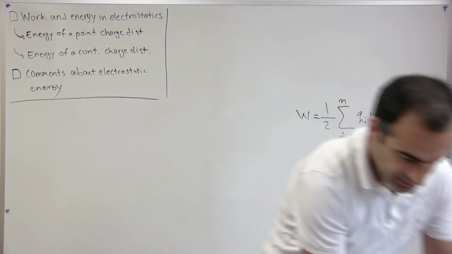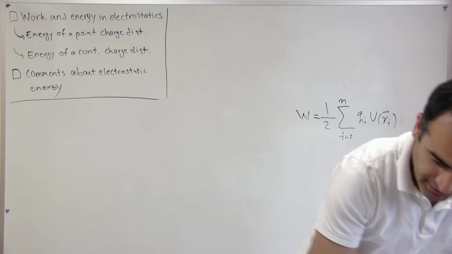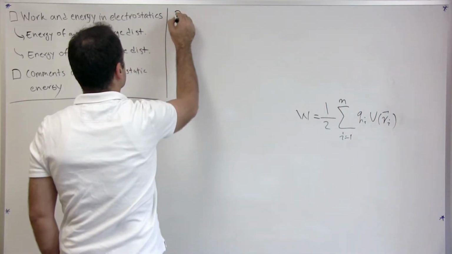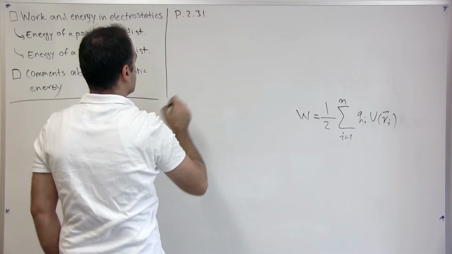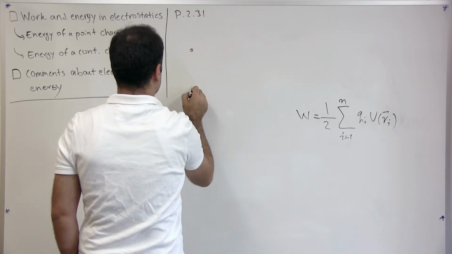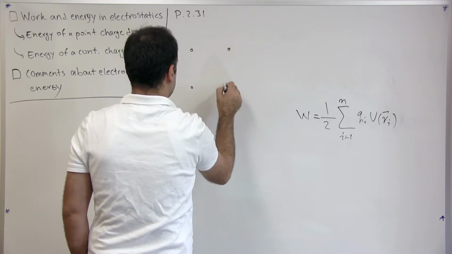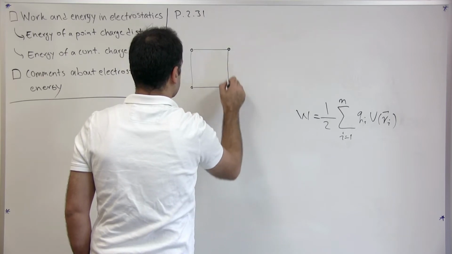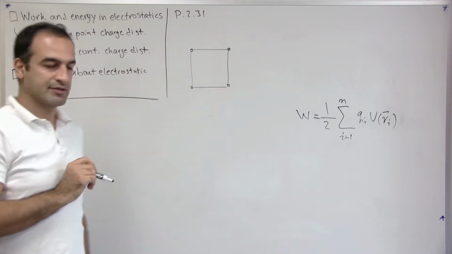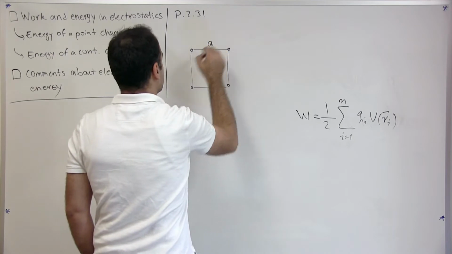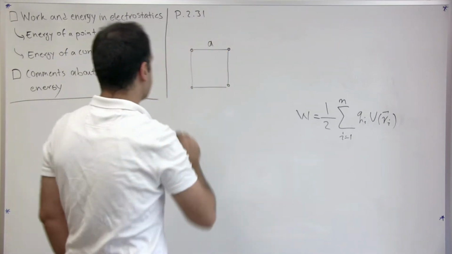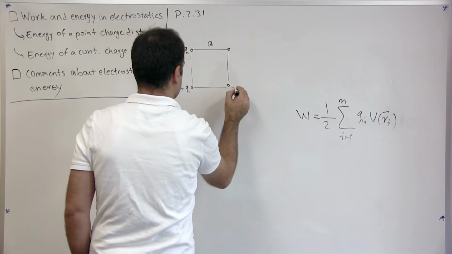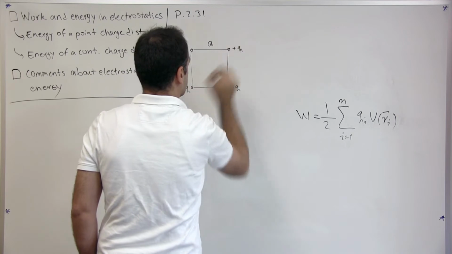So the example is basically problem 2.31 from the textbook. We have a simple collection of 4 point charges sitting on the corners of a square with side a, and the point charges have the charges of minus q, plus q, minus q, plus q.